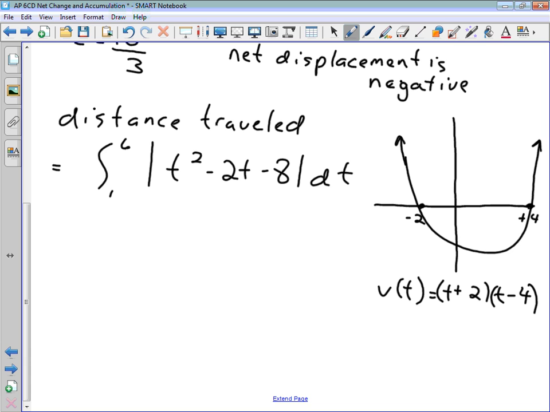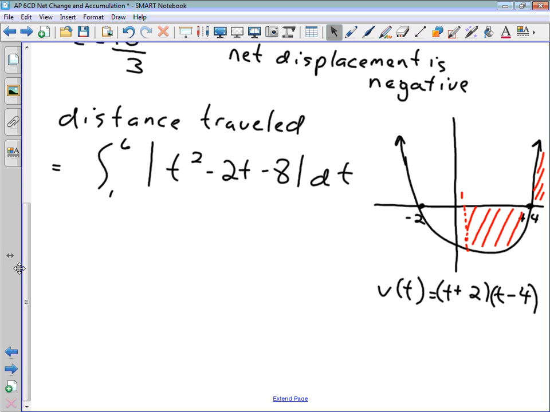We want to do the integral from 1 to 6, and 6 is way over here. So when we do this integral, we're going to have 2 regions. We're going to have this region here from 1 to 4, and then we're going to have this region over here from 4 to 6.